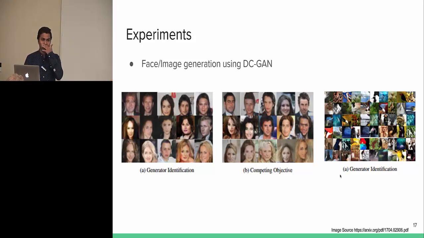So, okay, I have a question. DC-GAN is like a vanilla GAN, right? And then InfoGAN has this additional C vector.